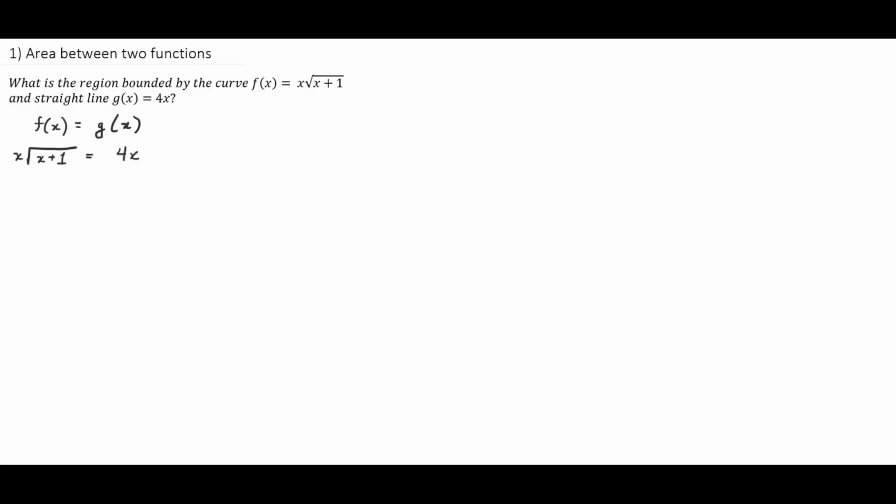And now I want to turn this into a polynomial equation, and you'll see just in a second why. I can do this by squaring both sides. So we can distribute the x squared into the parentheses.